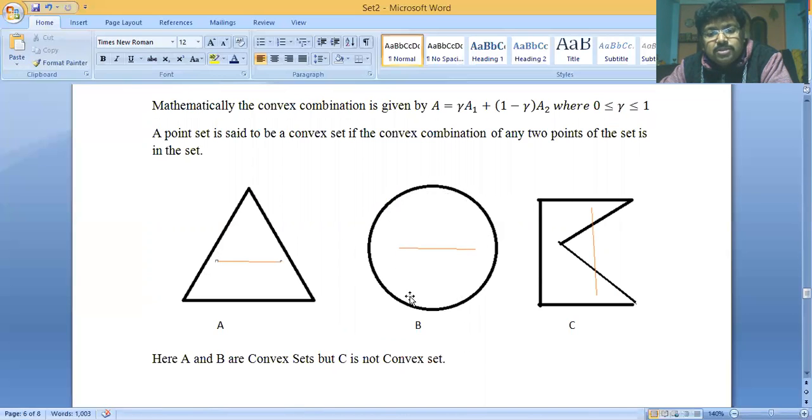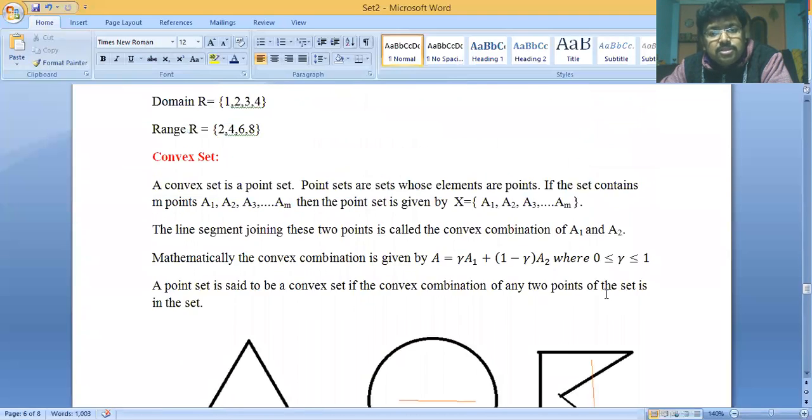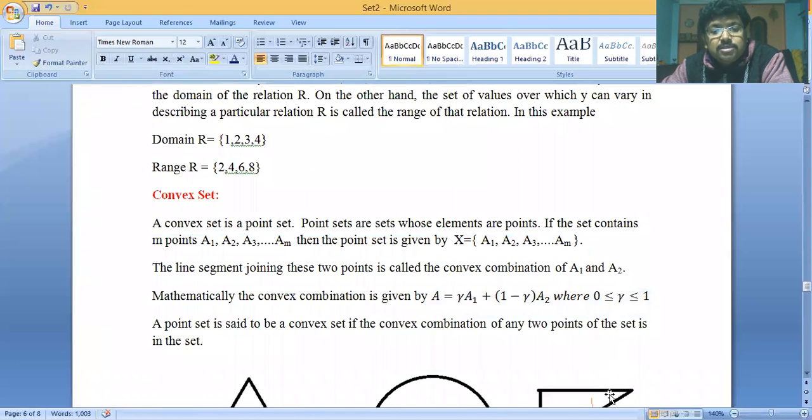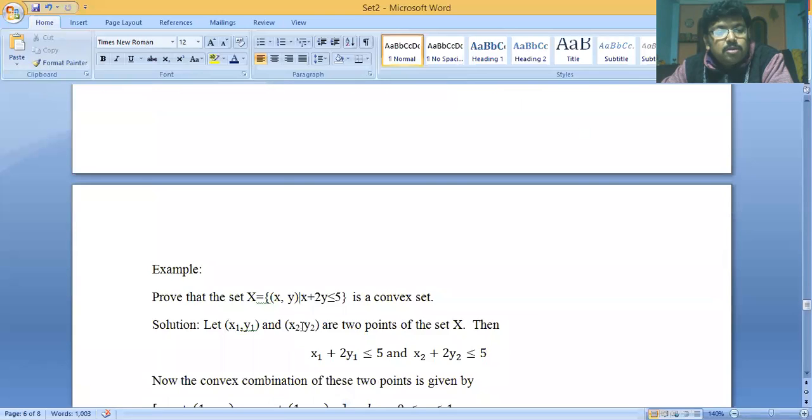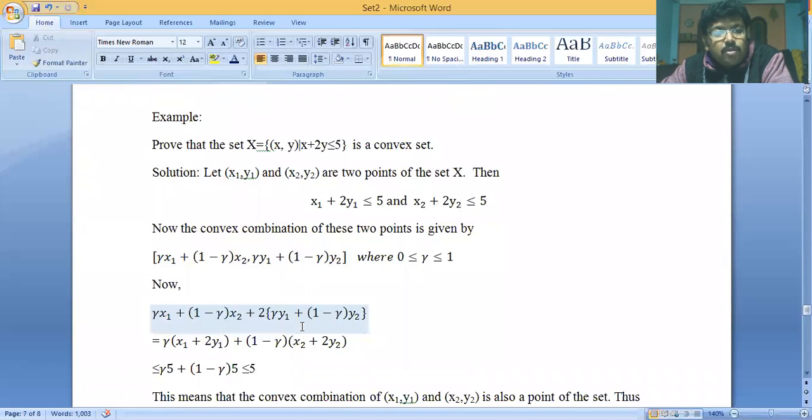So it is a convex set. But here is a point and here is a point. If we join these 2 points, some part of the line is out of the set. So it is not a convex set. So this is the condition, and here it is not fulfilled, but in these 2 cases, it is fulfilled. So if a convex combination of any 2 points of the set is in the set, then it is a convex set.